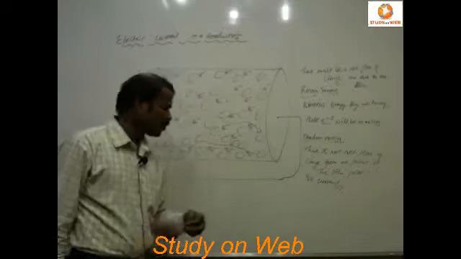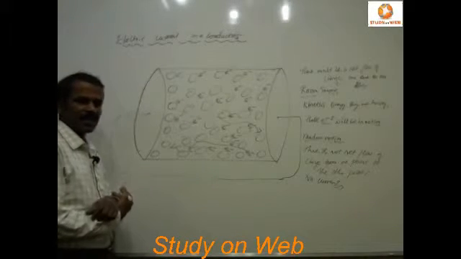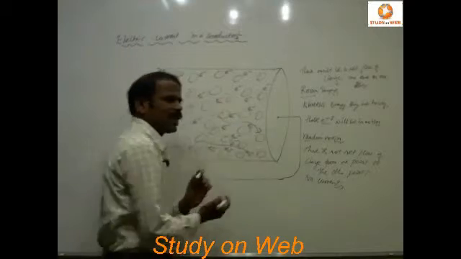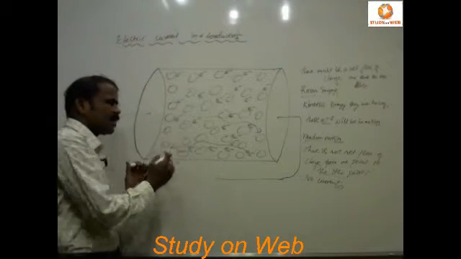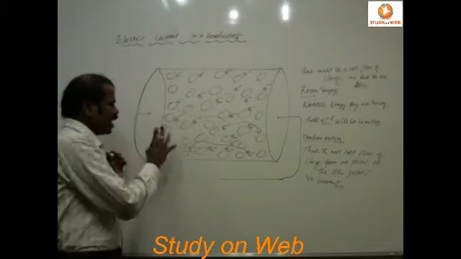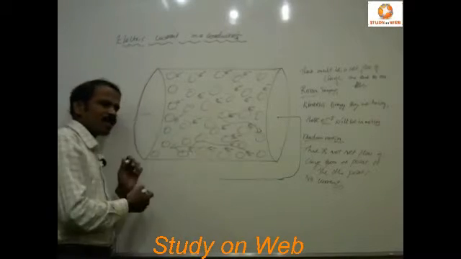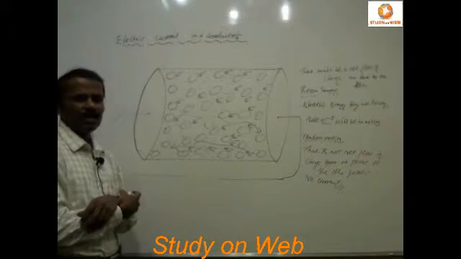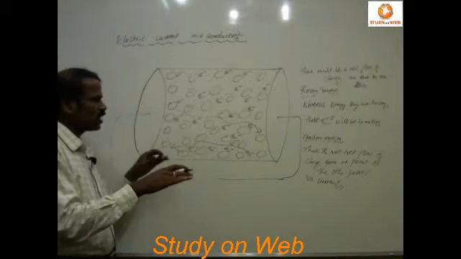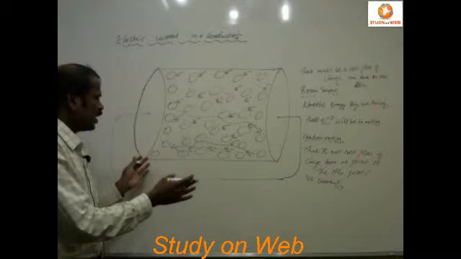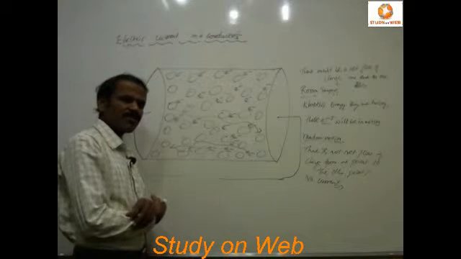You may ask me a question, what does that mean, the net flow of charge? At least some charge should move from one end to the other end. That is not happening here. The reason is that as many electrons flow from this end to that end, as many electrons move from that end to this end, the flow of charge becomes equal. Hence, there is no net flow of charge.